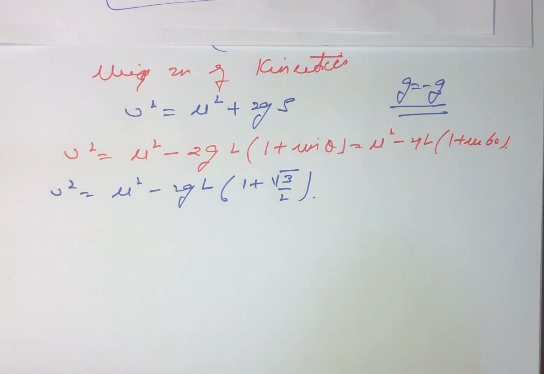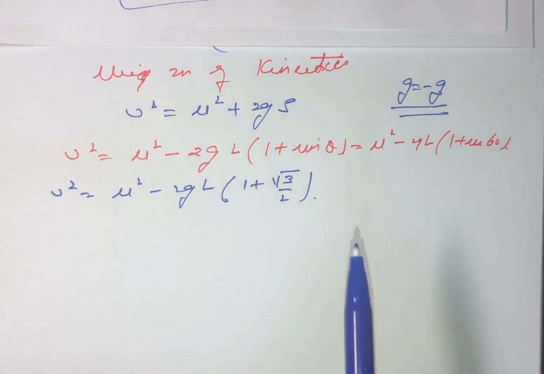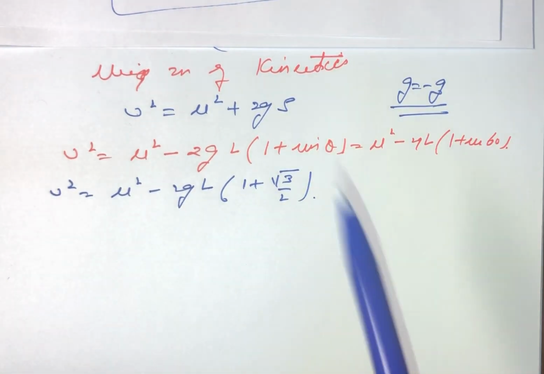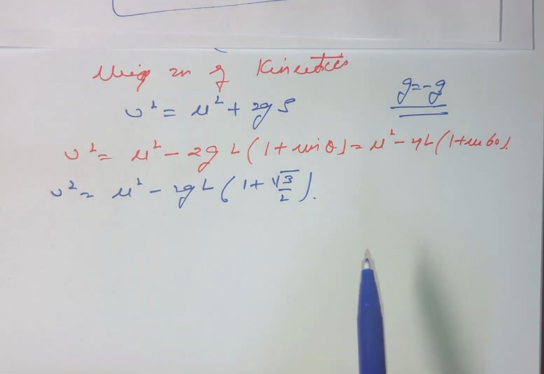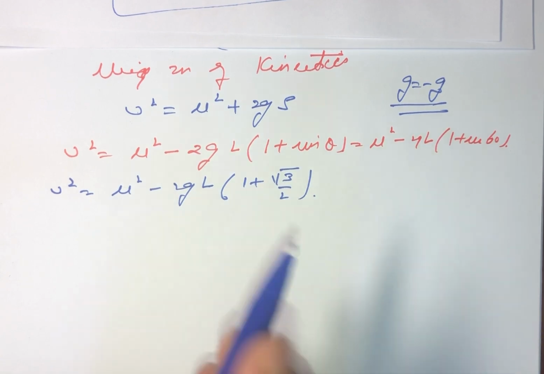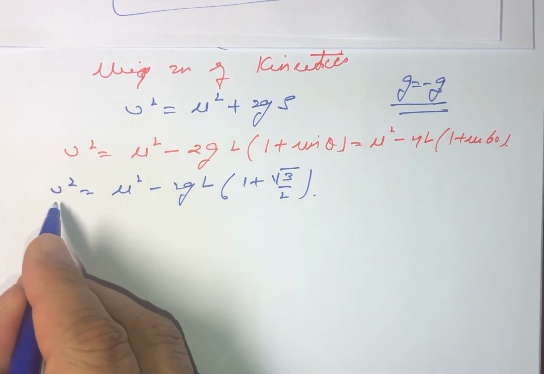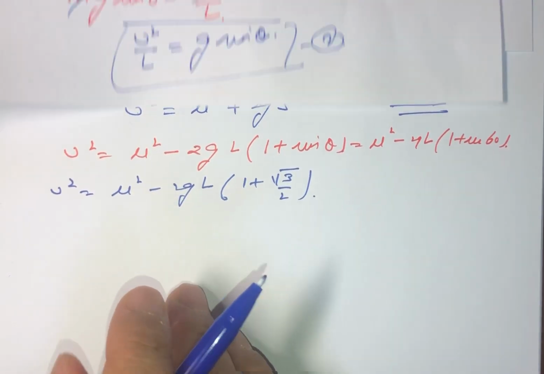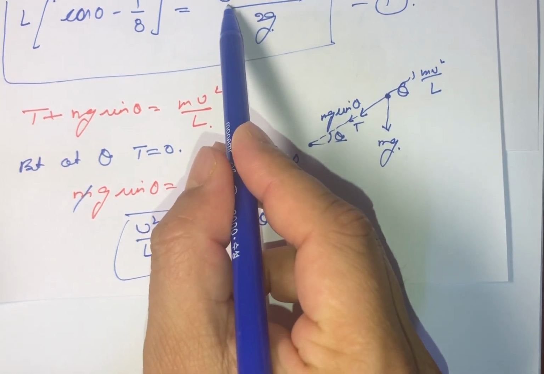And we also already know that from equation 1 we know the value of v square. From here we can find out the value of v square.